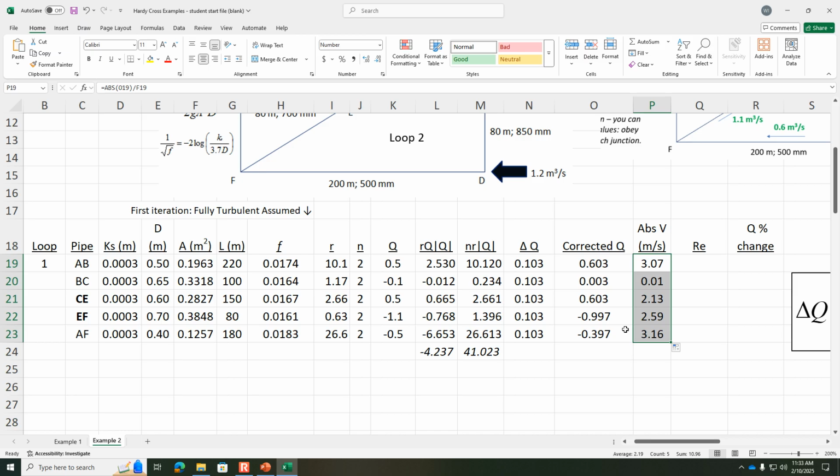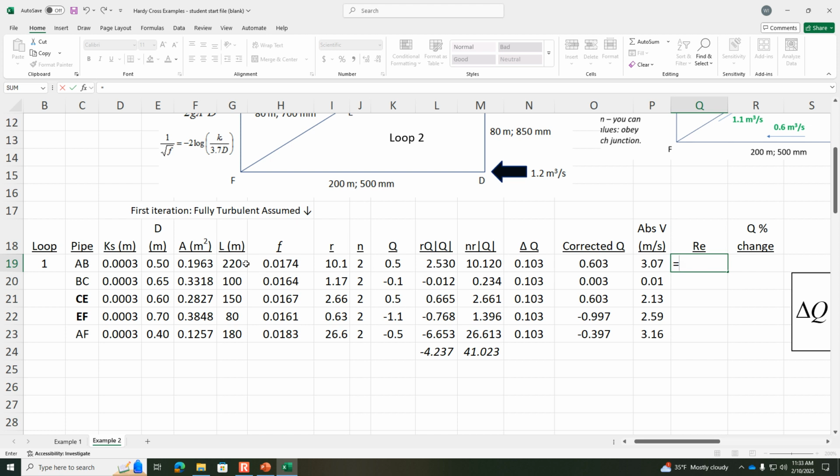We need that because we're going to calculate the Reynolds number, which we use starting in iteration 2 for our F value estimates. Reynolds number, remember, is velocity times diameter divided by kinematic viscosity. I'm just going to type here 1e minus 6, which means 10 to the minus 6th. And then I get the Reynolds number.